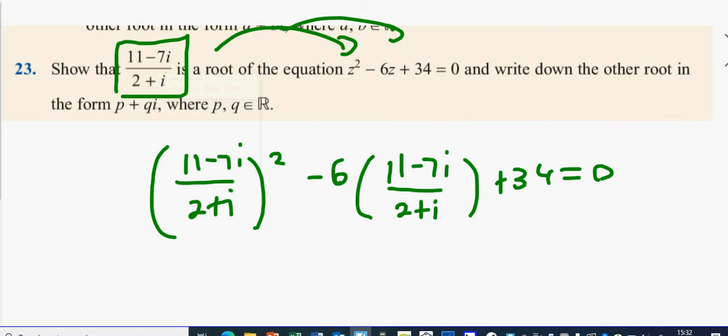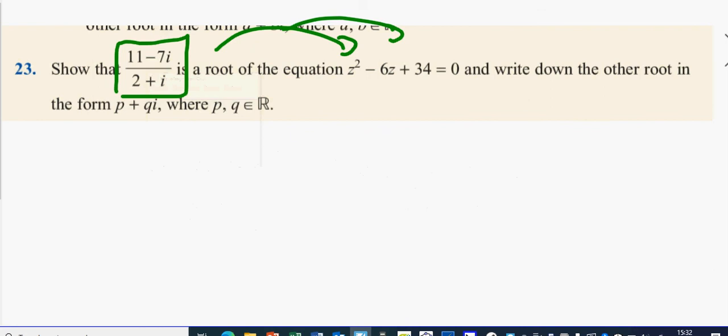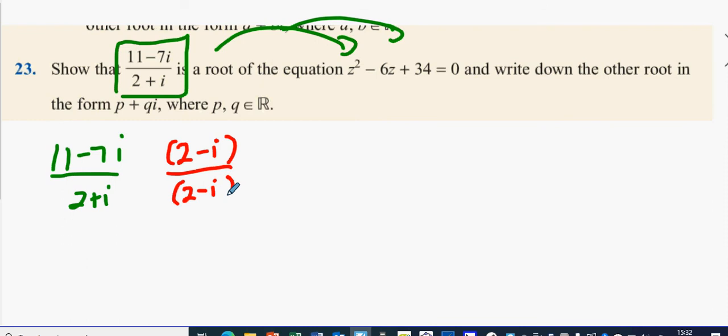Now, we're not going to do that because it's a lot of effort. So what we're going to do is multiply top and bottom by the conjugate, which Daniel told me to do earlier. So we get 2 minus i top and bottom, like so.